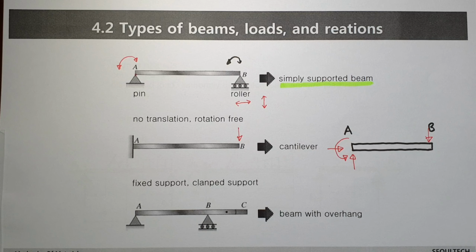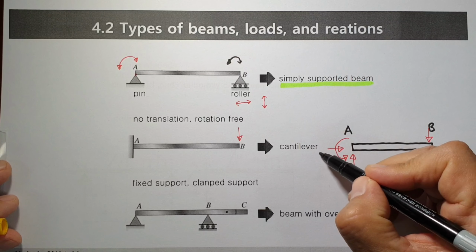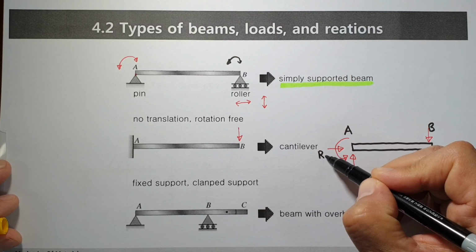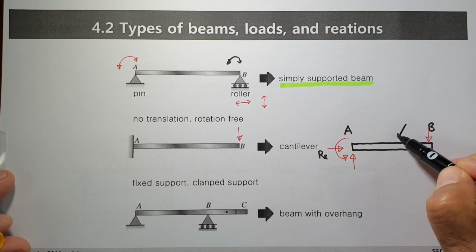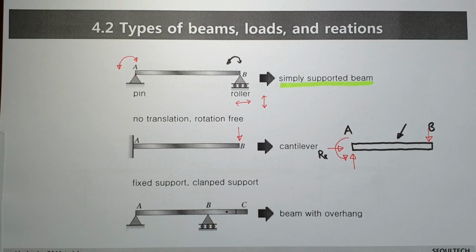But in this case, when you consider there is no horizontal force, then Rx is maybe 0. Or if you have a different kind of force like this one, then maybe the horizontal reaction Rx is not 0.